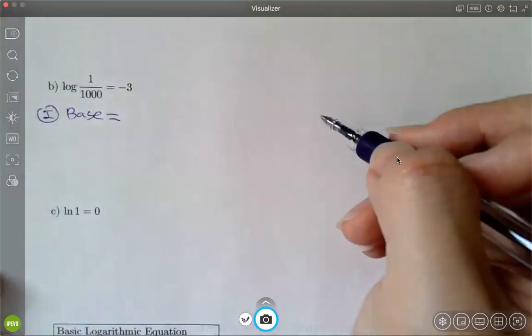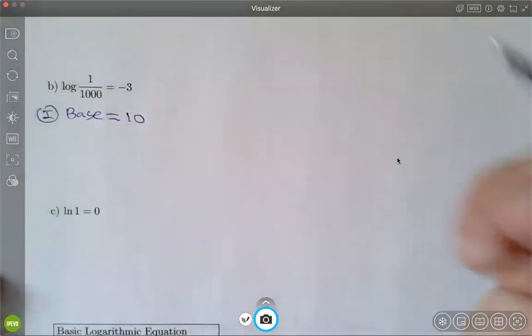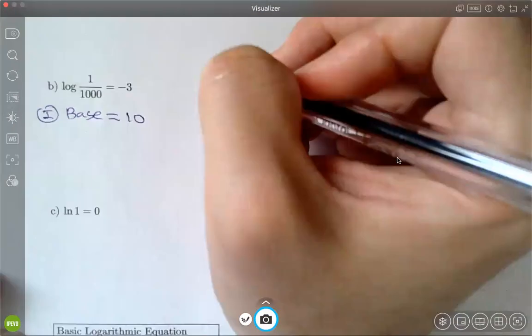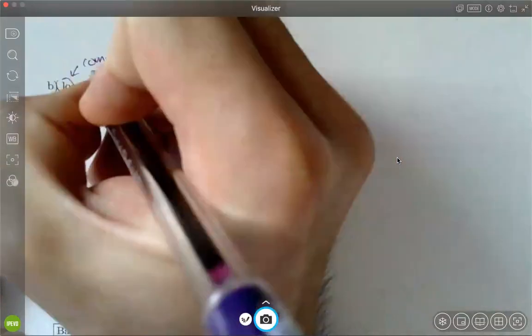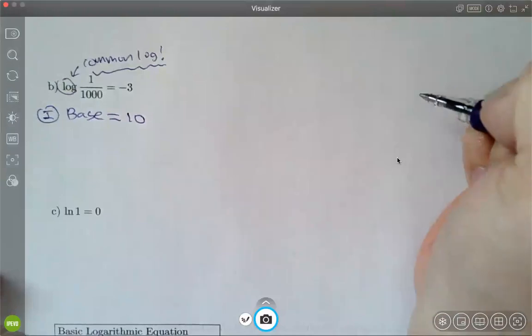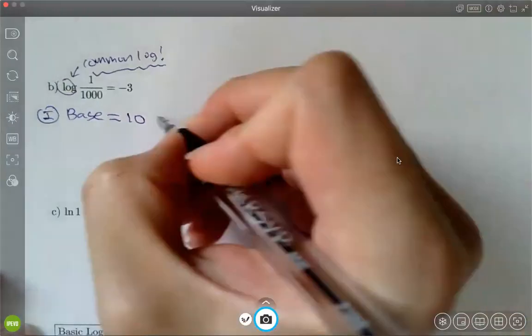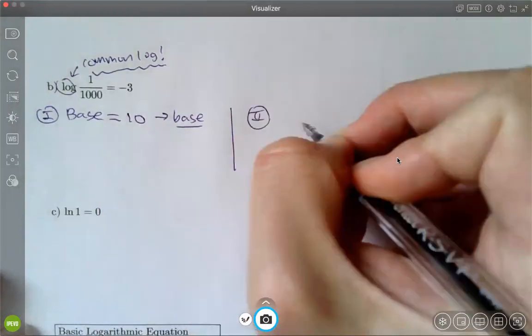10, right? Yes. Do you see why? Because we don't see the base and we have log, right? So that's the common log, whose base is equal to 10. And 10 becomes our base. So we have 10 to the whatever power, right?